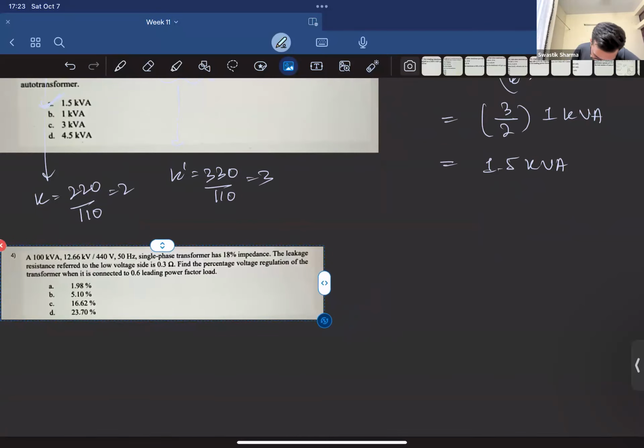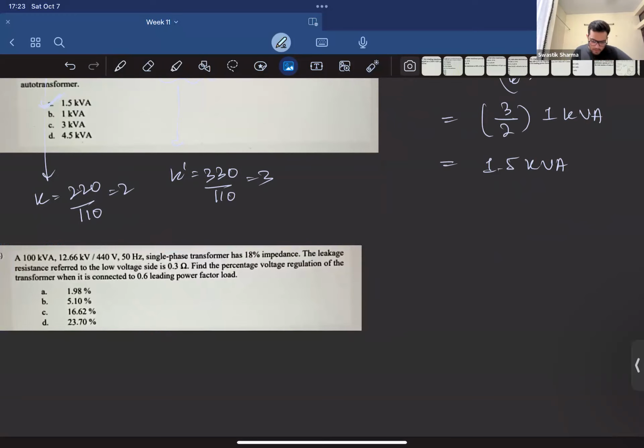Let's move ahead. A 100 kilovolt ampere, 12.66 kilovolt, 440 volt, 50 hertz single phase transformer has 18% impedance. So 18% impedance means the Z value is in per unit, which is 0.18. The leakage resistance referred to the low voltage side, that is the secondary side, is 0.3.